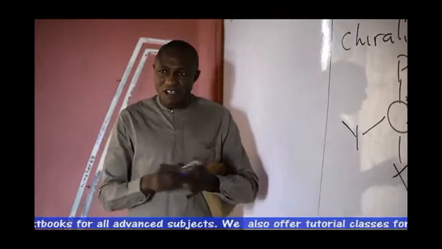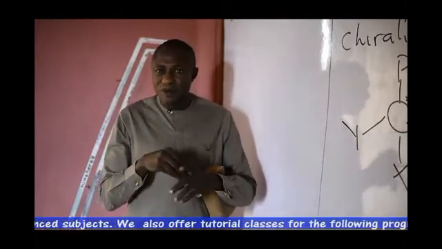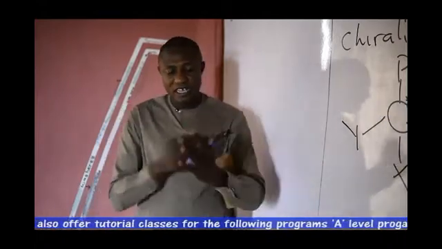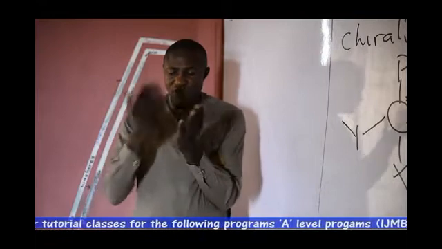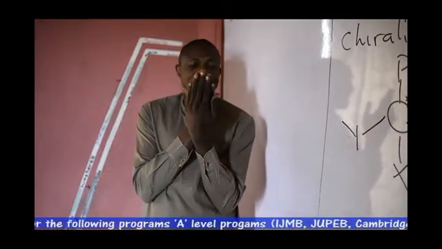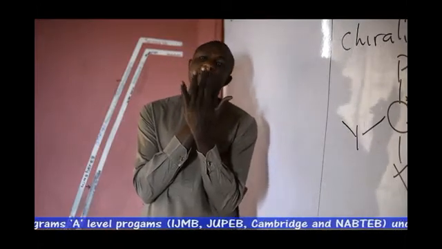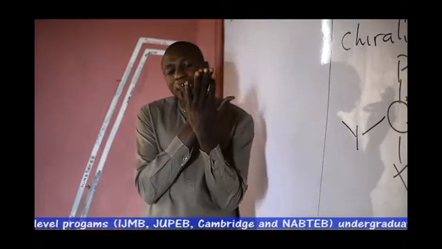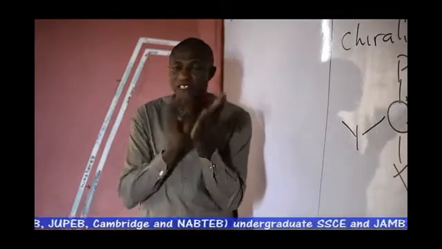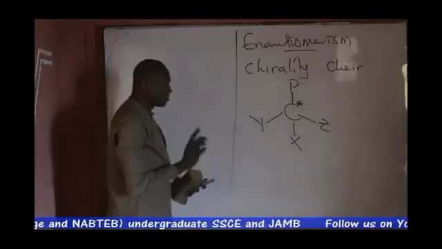That means both your left and your right hand are not superimposable on each other. Meaning there is no way you can place your right hand on your left hand such that all the fingers will cancel out one another. If this is well aligned, then your thumb here will be on the smallest finger of the left hand. So that means they are mirror images and they are not superimposable on each other.